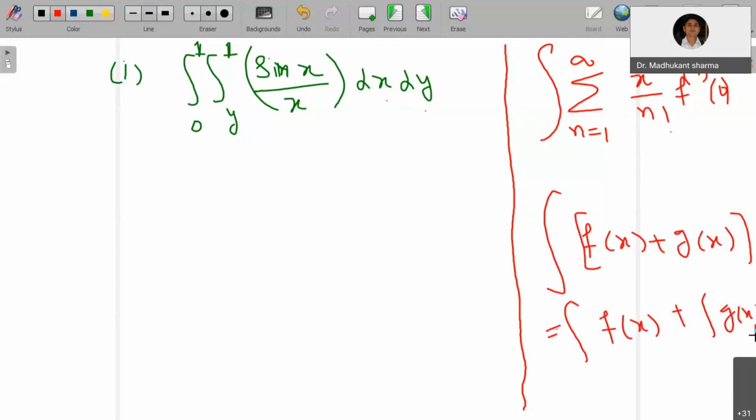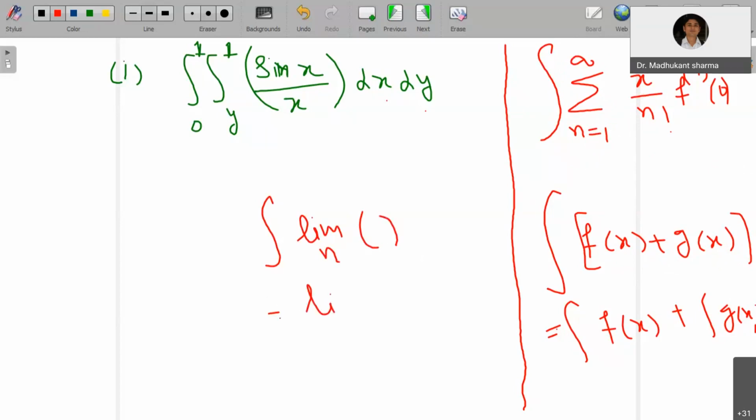This can be extended to a finite sum f1, f2, f3, and so on up to fn. But an infinite series is understood as the limit of a sequence of partial sums, the nth partial sums. So it is questionable whether we can interchange the limit and the integral.